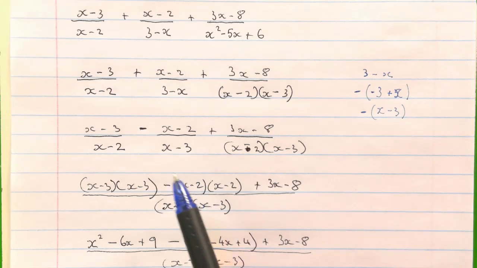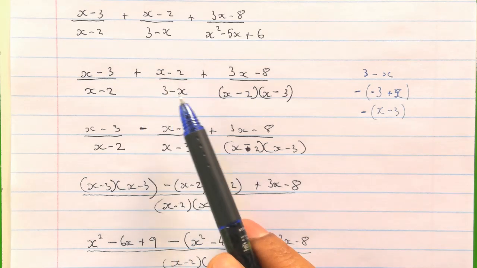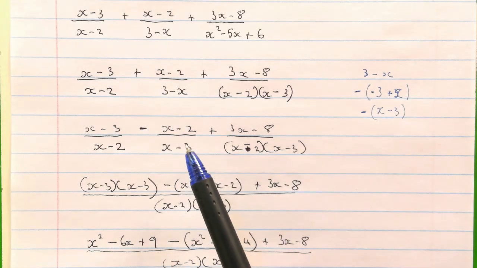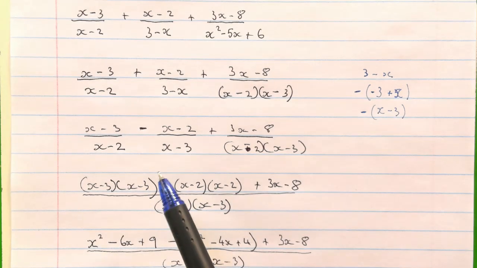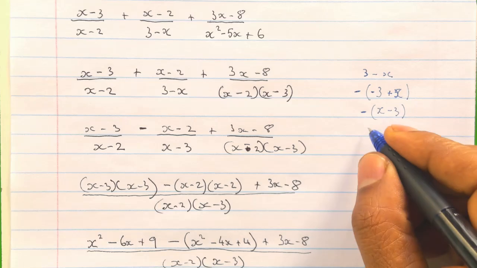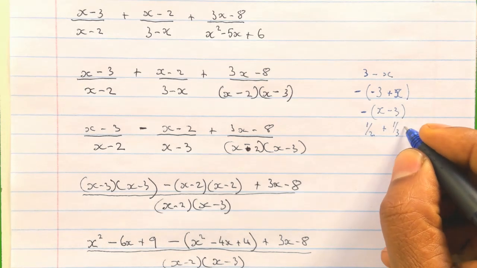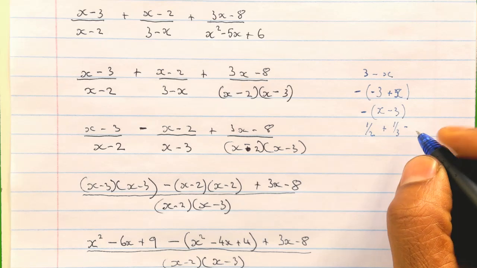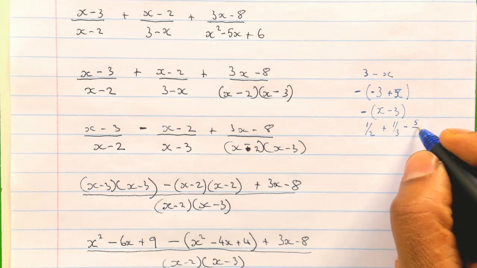All right, let me assist with how you move from this to this. What happens when I have a half plus 1 over 3 minus, let's say, 5 over 6?